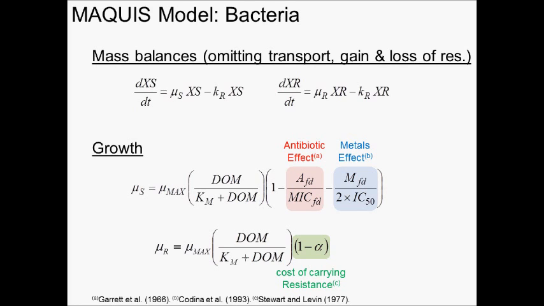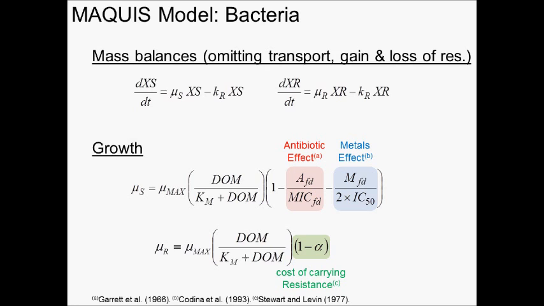So there is a metabolic cost associated with carrying the plasmid, with expressing the efflux pump and things like that. As a result, the resistant bacteria growth rate is reduced compared to the susceptible one, and that is quantified using this alpha term, the cost of resistance. So that's an overview of the model.